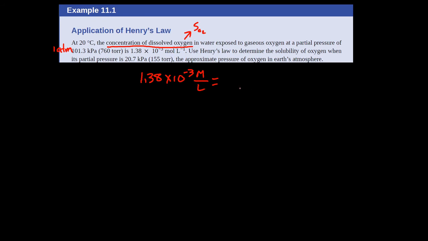Actually, no, I can't do that, can I? Because the information they give me in the next part is in torr. So we'll go ahead and keep it in torr. Never mind. So we are trying to find KH here, and we're told that we are at 760 torr.